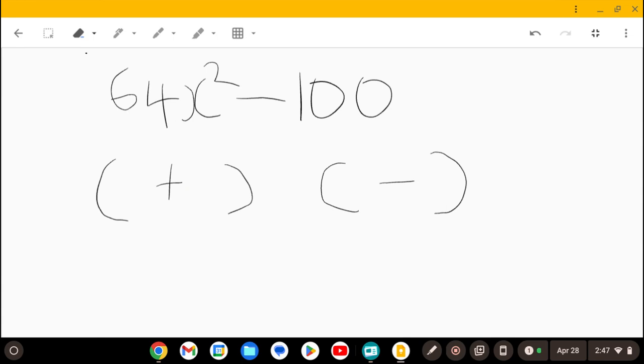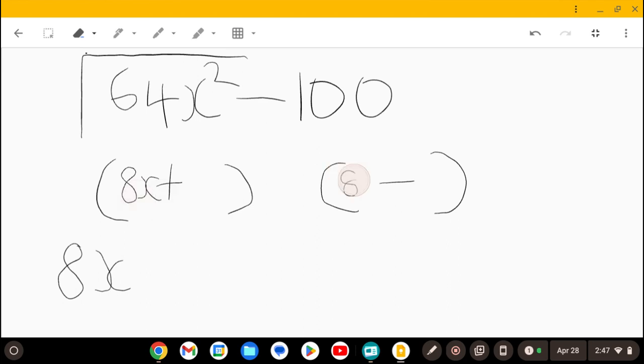We have 64x squared. First we need to find the square root of 64, which is 8, and then the square root of x squared, which is x. Again, the square root of x squared is x, because when you multiply x by itself 2 times, you get x squared. So you're going to write 8x on the left side of the first bracket, and repeat the same step of writing 8x on the left side of the second bracket.